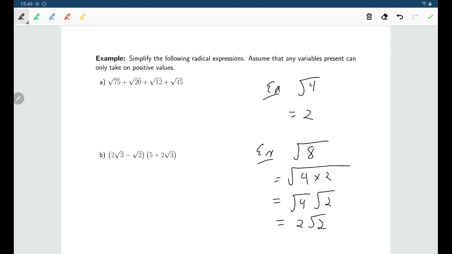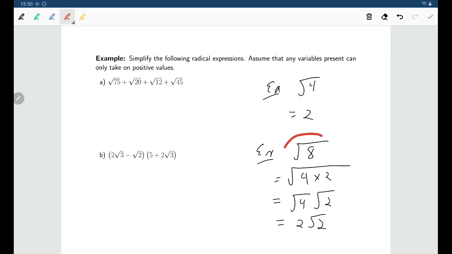This is what I mean by extracting these perfect squares from these roots. This is something that's required for us to do when I want something in simplest terms, that's a radical expression. I need to make sure that I've taken any of those perfect squares out of that root. So this is something that I'll expect to see for the entirety of this course.